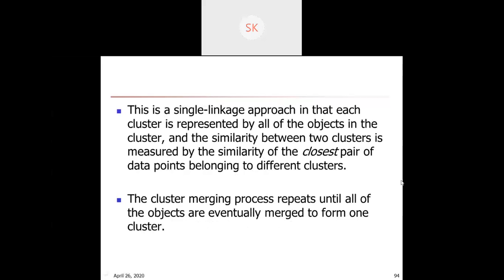The cluster merging process repeats until all of the objects are eventually merged to form one cluster. And in divisive analysis, all objects are used to form one initial cluster. The cluster is split according to some principle. The cluster splitting process repeats until each object forms a cluster on its own.